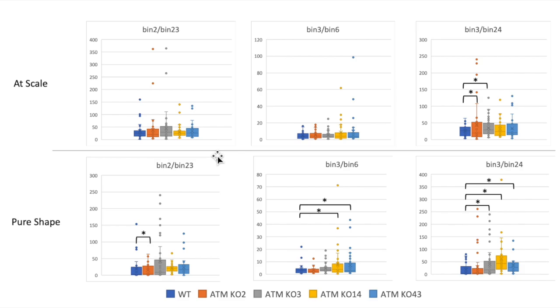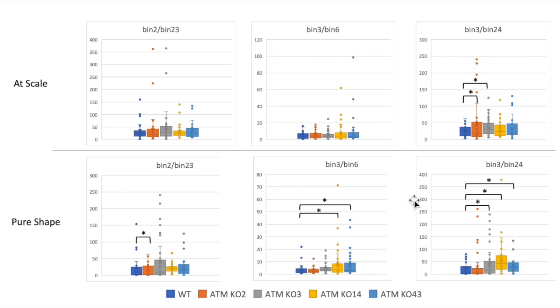Now, when we put the data of at scale and pure shape side by side, right, it reiterates the point that the differences in shape in these series of organoids is more due to a shape difference as opposed to a size difference.